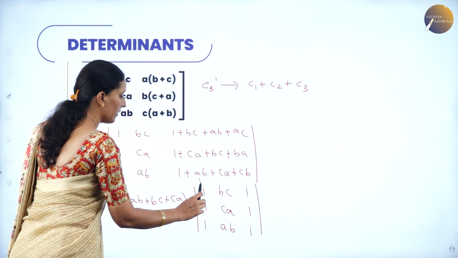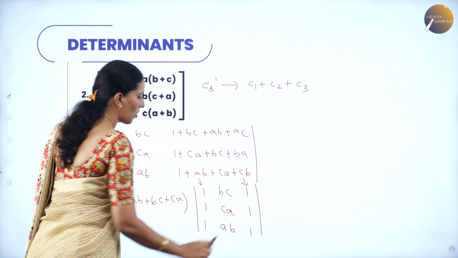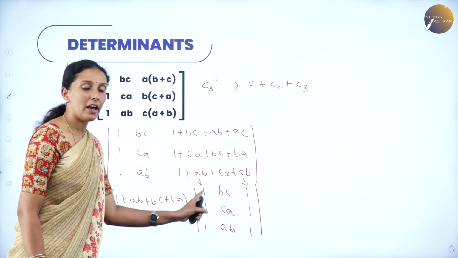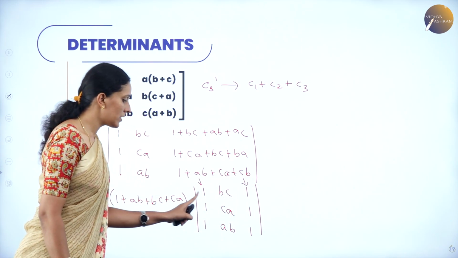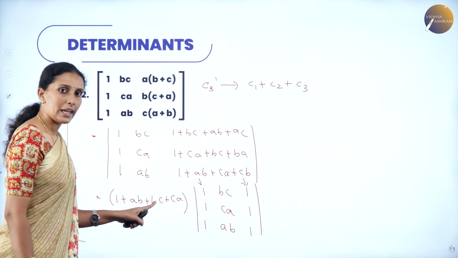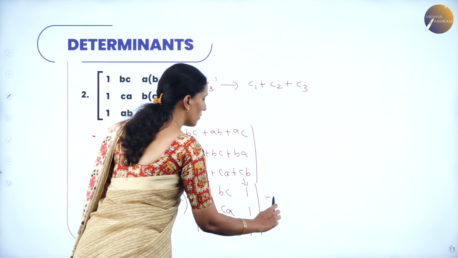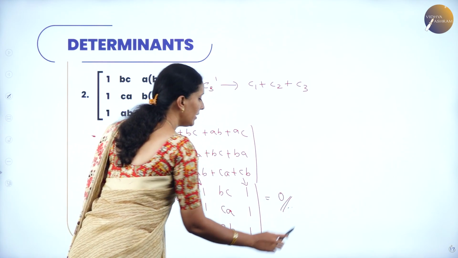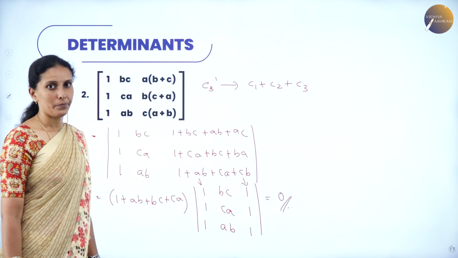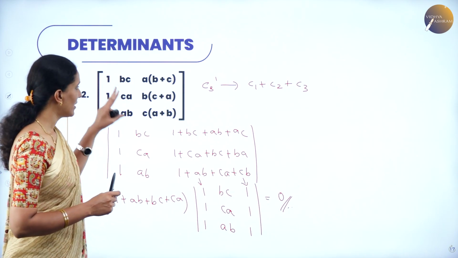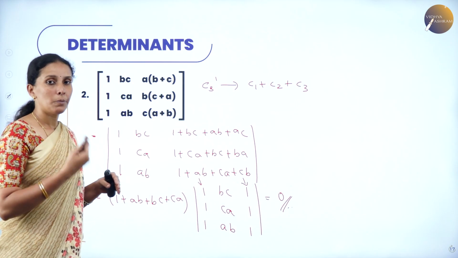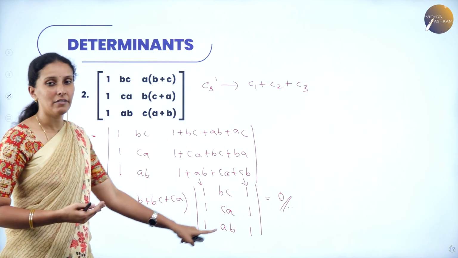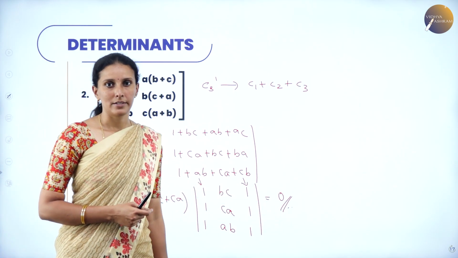Clearly you see the first column and the last column are identical. If they are identical, the value is 0. Therefore, if the determinant value is 0, 0 into anything is again 0. So what is the value of this determinant? It is clearly 0. So by learning the properties, instead of expanding the determinants, by using the properties, we can clearly find the value of the determinants.